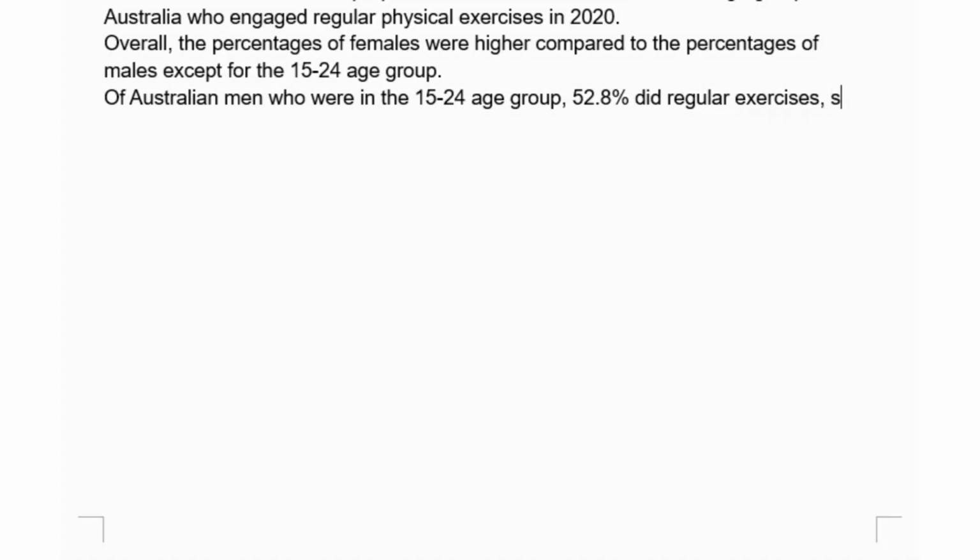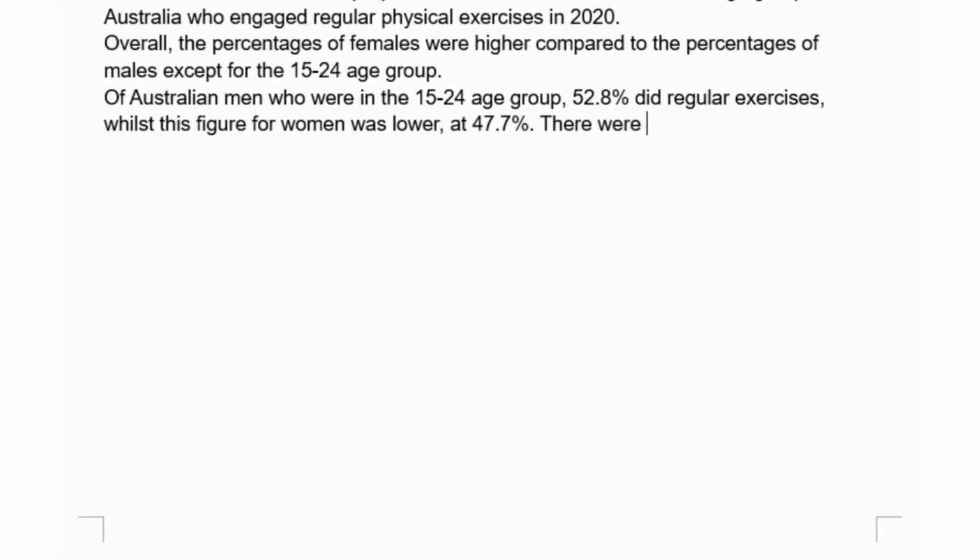Whilst this figure for women was lower at 47.7% right here.